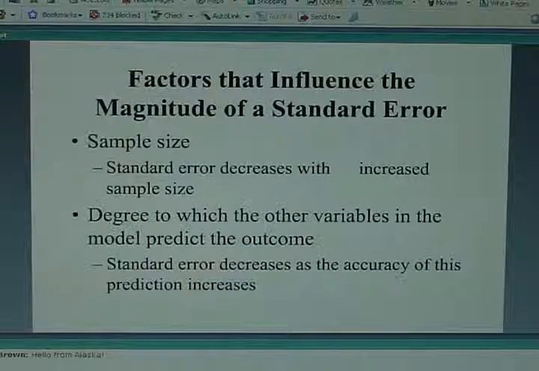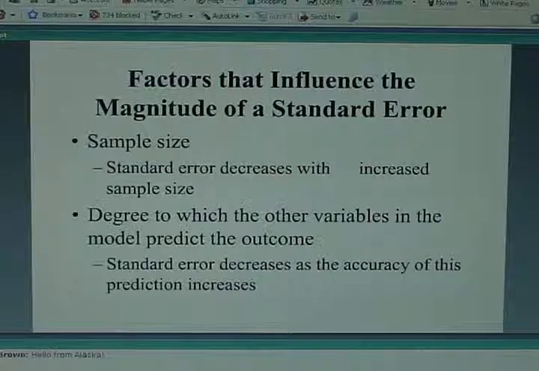But when you're fitting models, two other things impact the size of your standard error. The other things depend on what else is in the model. In the model I just looked at, we had male and we had smoking in the model, male and PAX. We've been looking at the standard error for the B1 term. How does PAX impact on that?